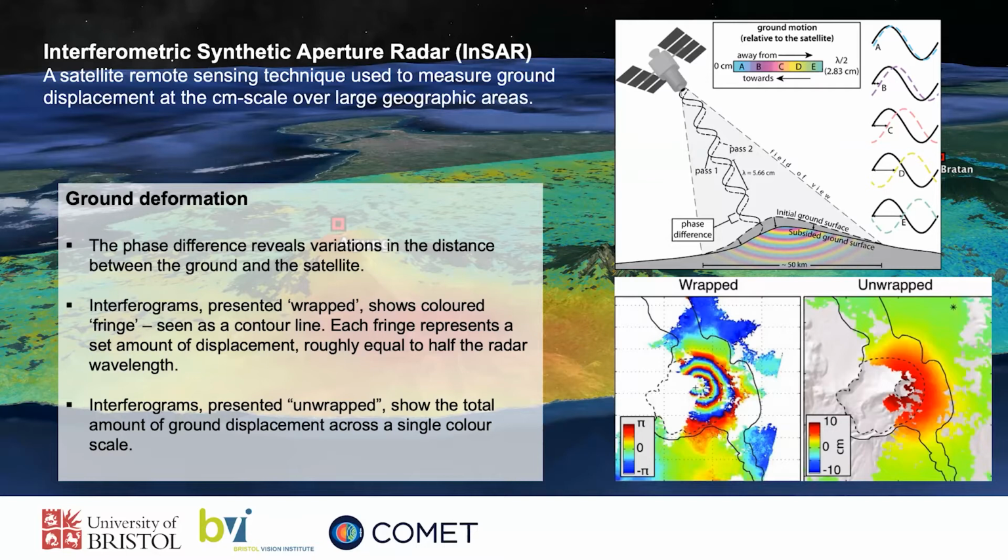When the same satellite comes back to the same location, sends the radar signal again, receives it and compares it with the signal at time one, if the ground moved, the phase of the signal between day one and day two, or T1 and T2, will be different. In that case, we can calculate the phase with the wavelength, and then turn it into how much the ground moved within that period of time.